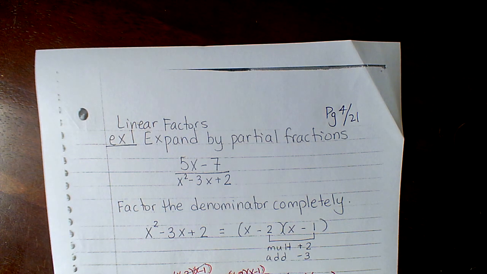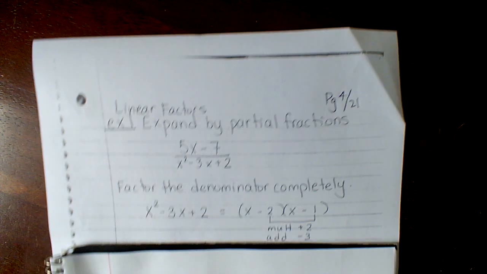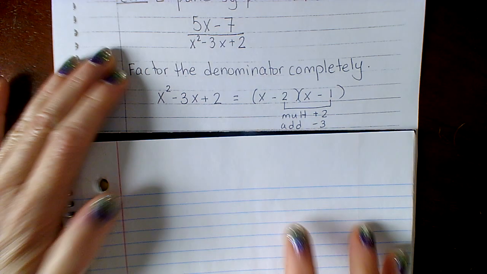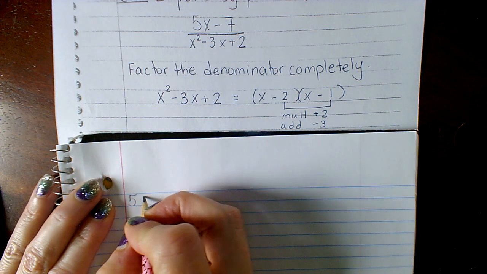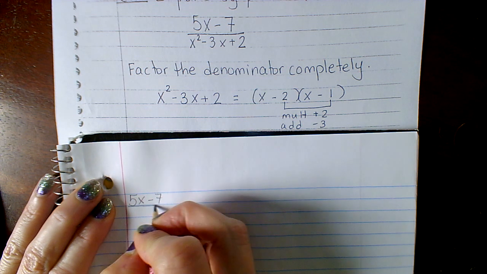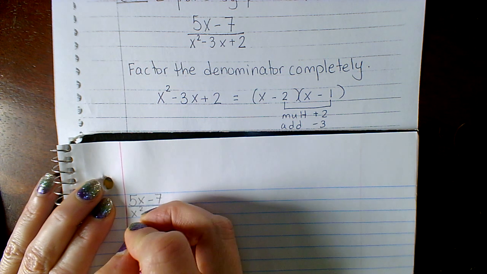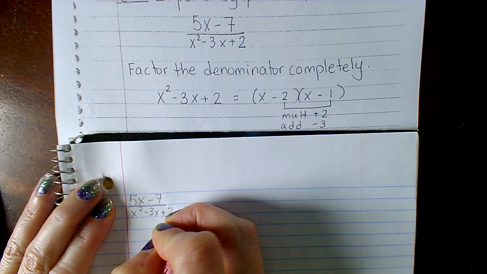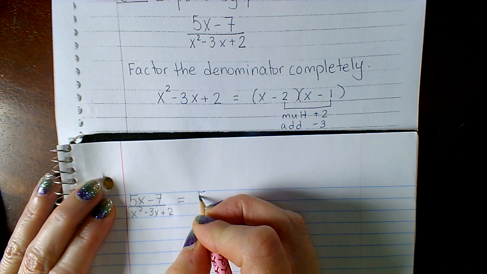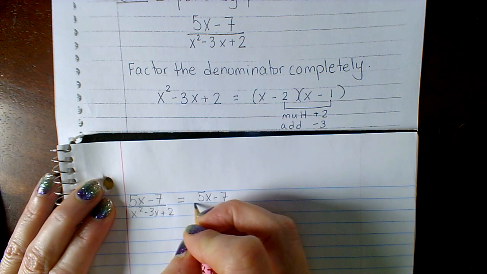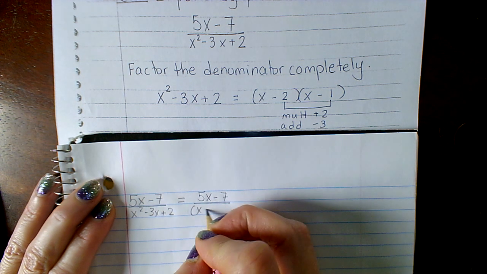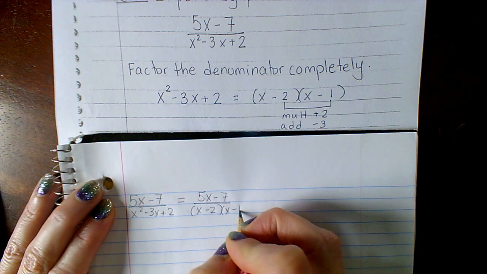Now, partial fraction decomposition says that we're going to take this (5x - 7)/(x² - 3x + 2). We've now factored that denominator into (x - 2)(x - 1).